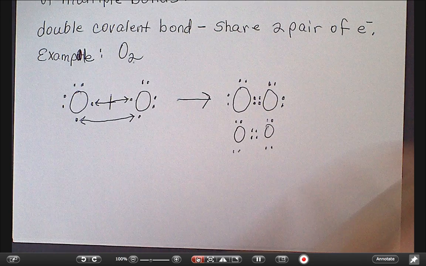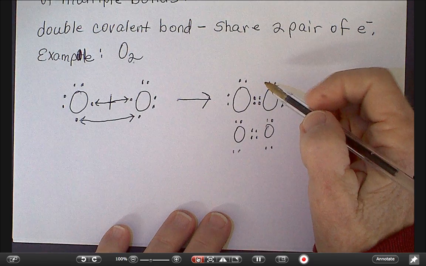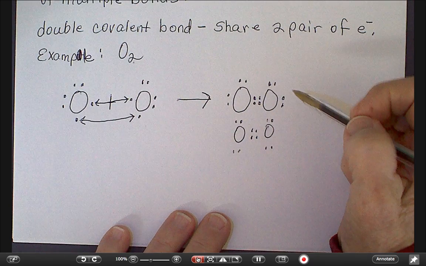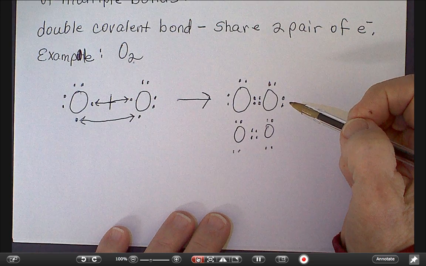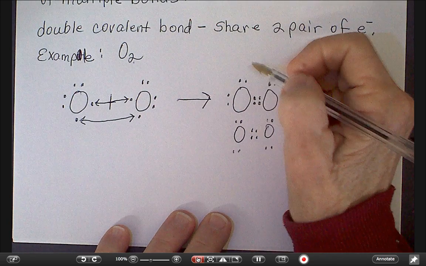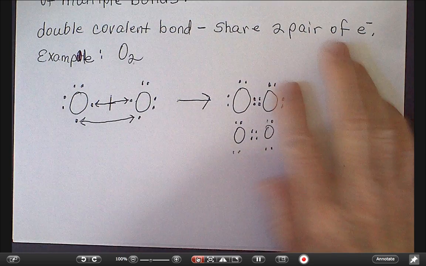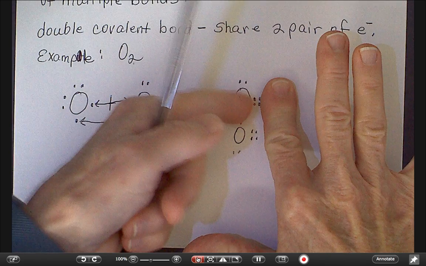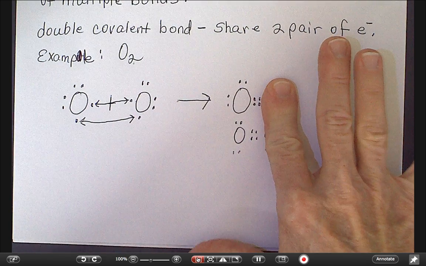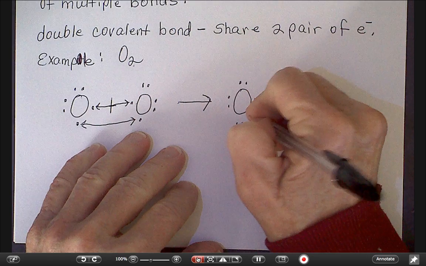Now then, Venn diagram. How many does each oxygen have to have? Eight. Put your finger right here. 2, 4, 6, 8. Does everybody see that? Yes. Okay. So this is your first circle.